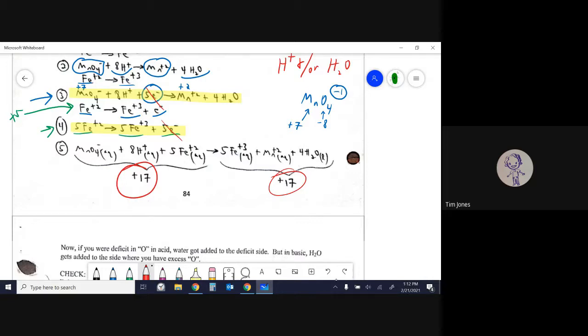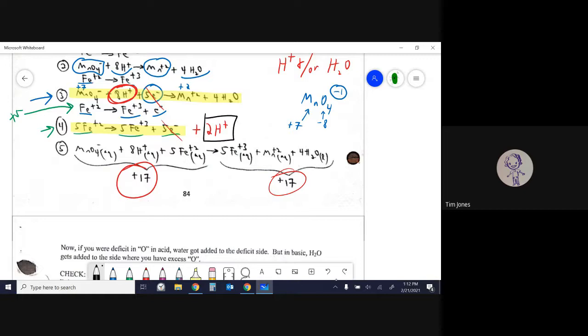Now, just for the sake of discussion, let's say that in my half equations, I had 8H plus right here, which I do. And let's just say for some reason in my iron half, I had plus 2H plus. So let's just look at that for a moment.